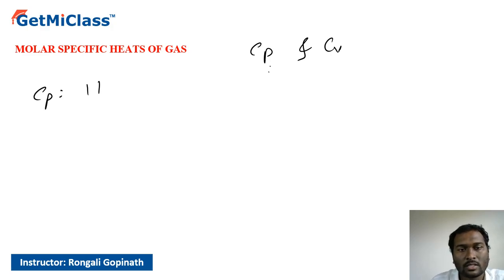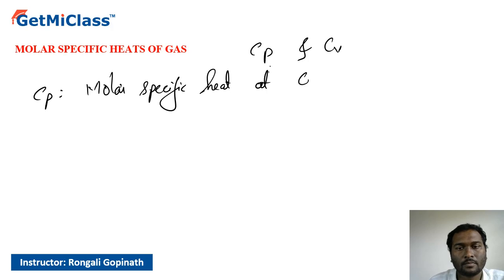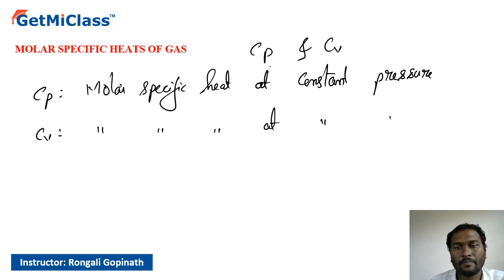Cp is called the molar specific heat at constant pressure, and Cv is called the molar specific heat at constant volume, right?